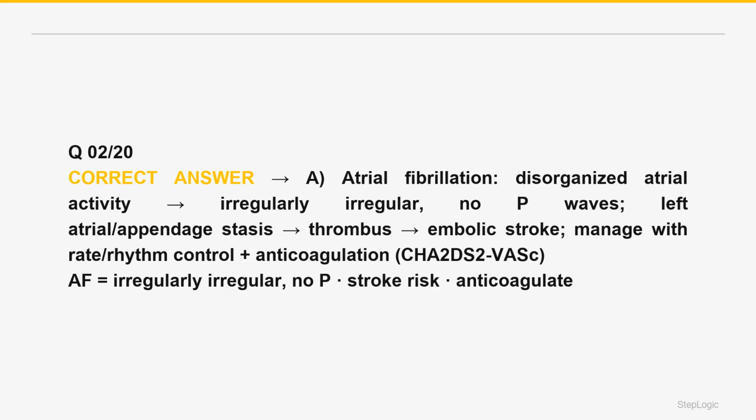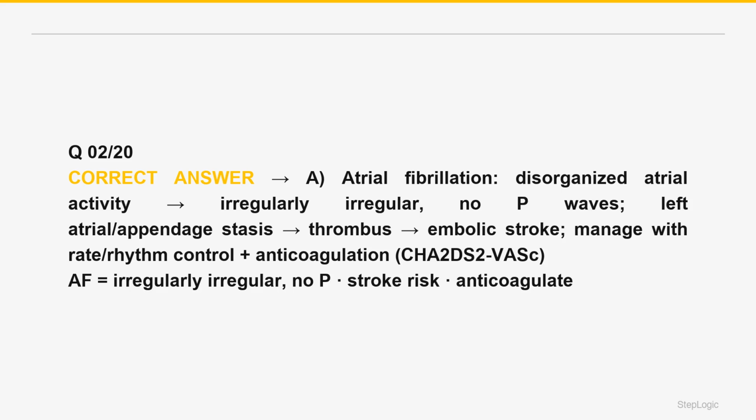The high-yield consequence is the stroke mechanism. Because the atria do not contract effectively, blood stagnates, especially in the left atrial appendage, forming a thrombus that can embolize to the brain, causing a cardioembolic stroke, a major cause of morbidity. Management has two arms. One, controlling the arrhythmia. Rate control: beta blockers, non-dihydropyridine calcium channel blockers, digoxin; and/or rhythm control: cardioversion, antiarrhythmics, ablation.